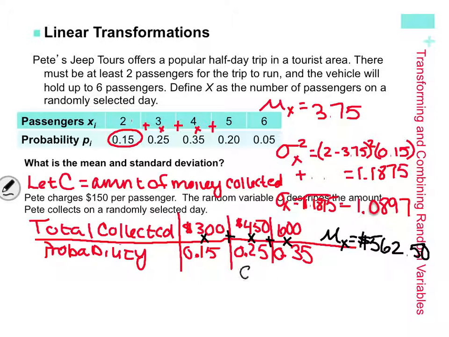You end up with a variance of 163.46, okay? Then the square root of that would be your standard deviation.